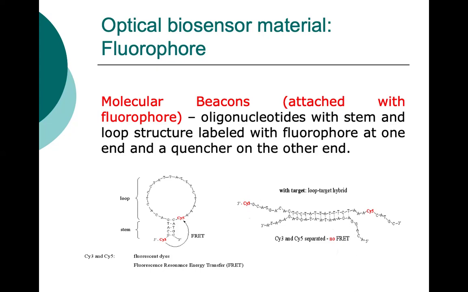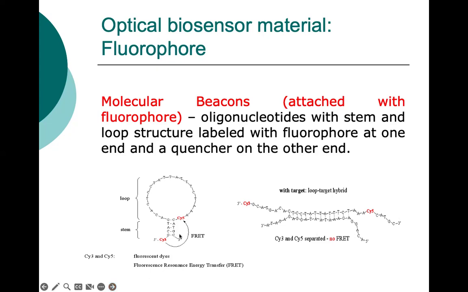So what we can conclude is, if there is energy transfer, FRET, it means there is no target DNA or no species of interest in that sample. If there is no FRET, it means there is a target of interest in the sample.